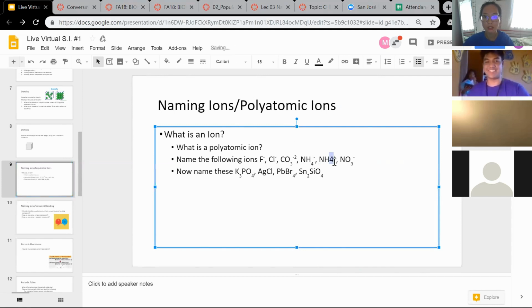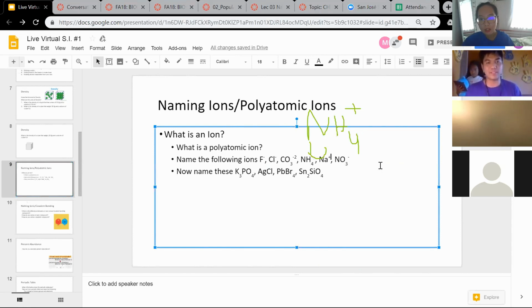Oh no, not sodium, the ammonium. Sorry, everybody, I already kind of gave it away. So name these ions and figure out their names.